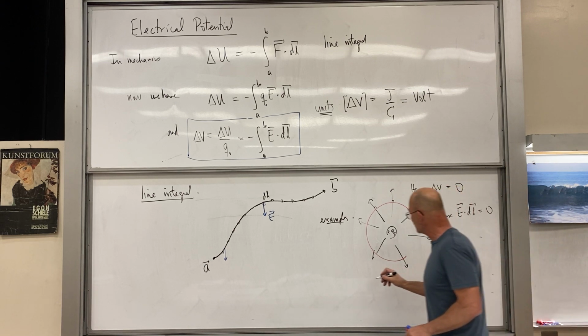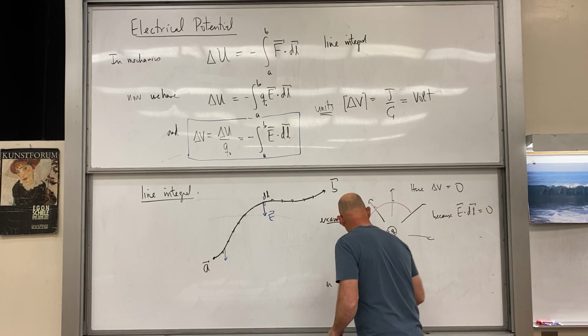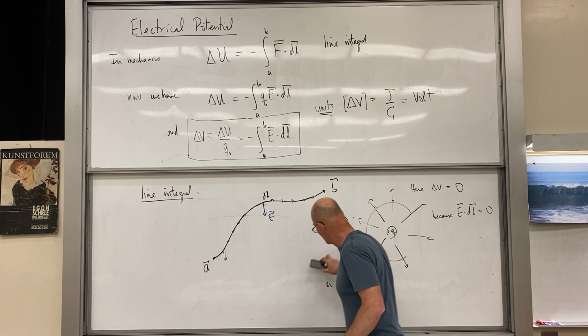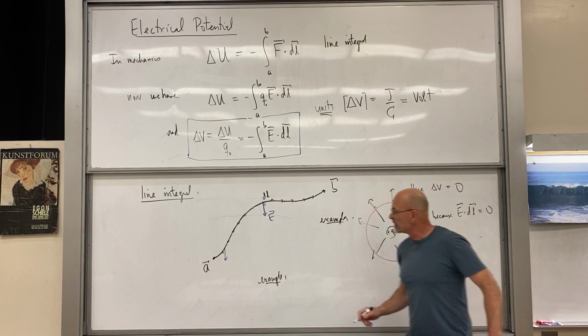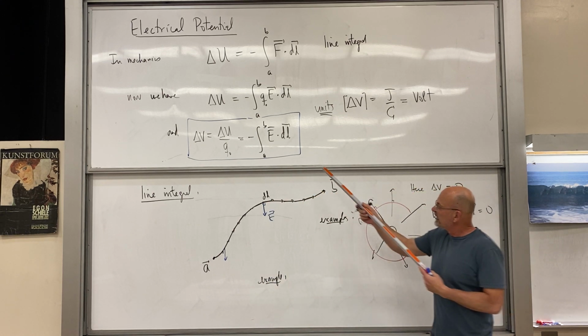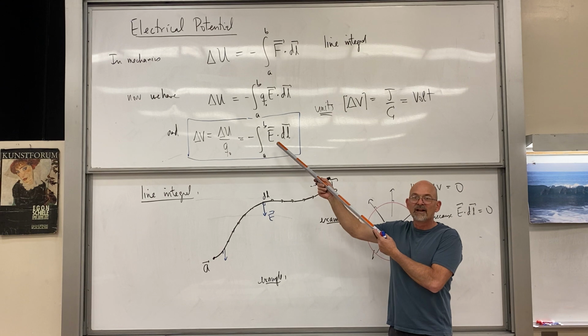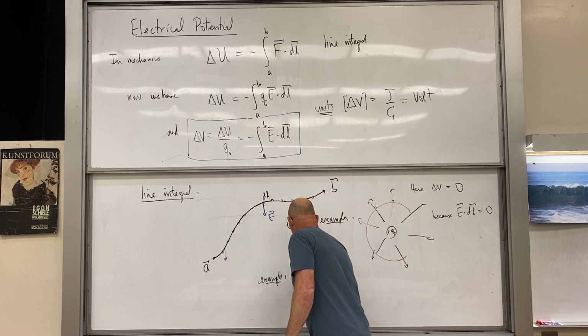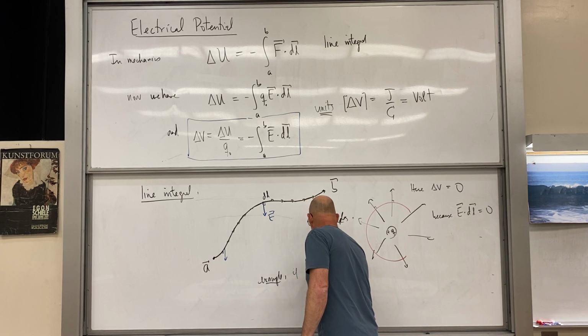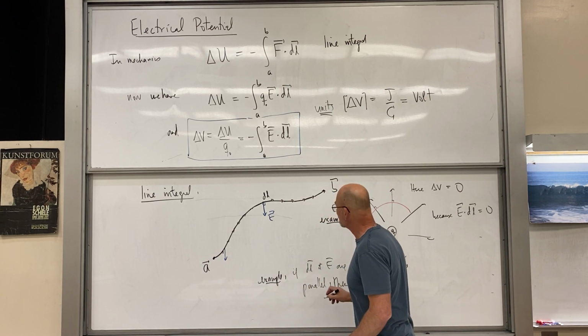And the other example is just as easy. That's if your dl and your E are parallel or anti-parallel. If dl and E are parallel, then what do we get for our delta V?